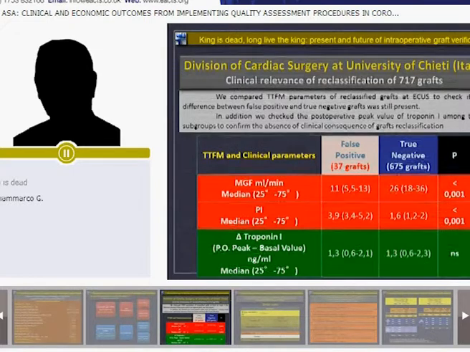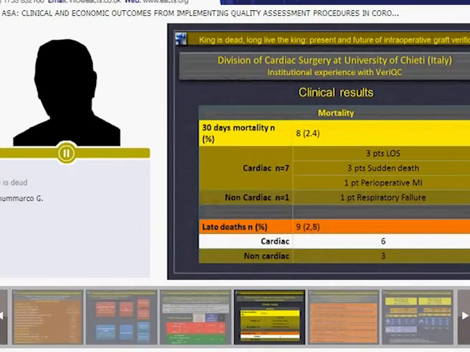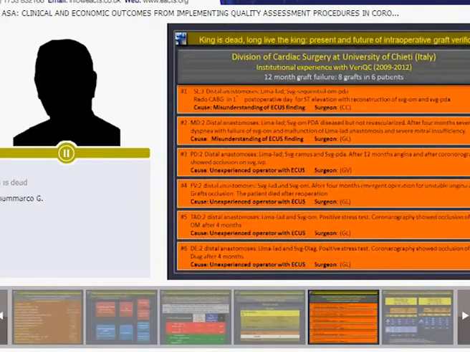This is the mortality, but it is not important on the issue we are discussing about. But it is important to analyze the 12-month graft failure. We recorded 8 grafts failing in 6 patients at the mean follow-up of 12 months.